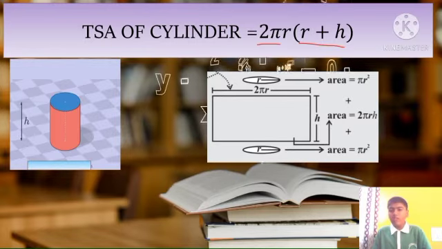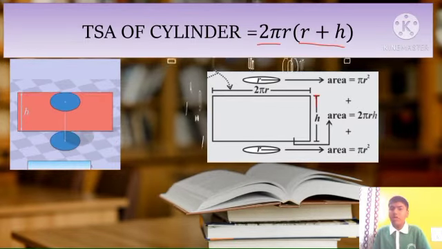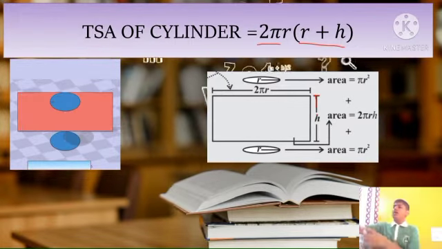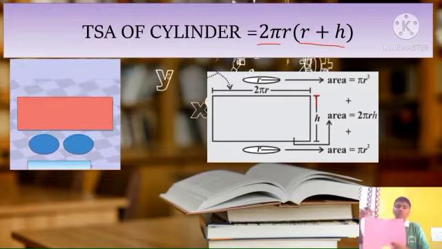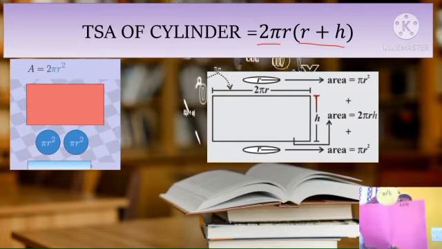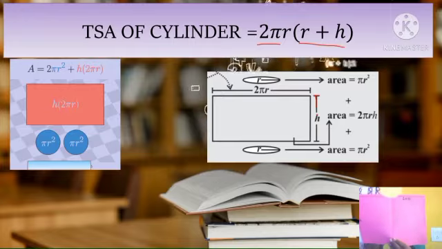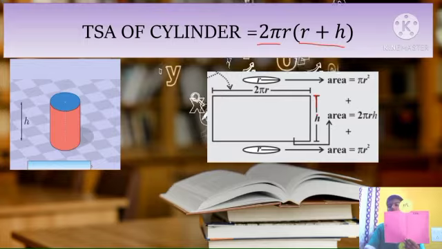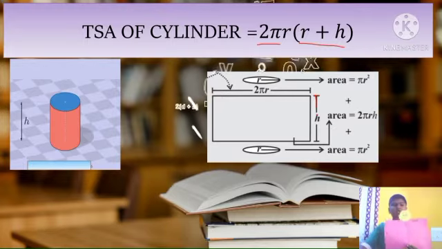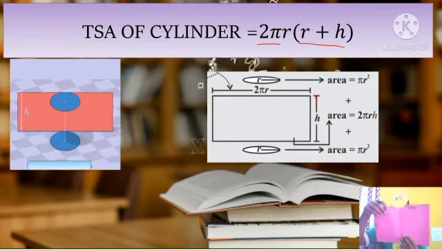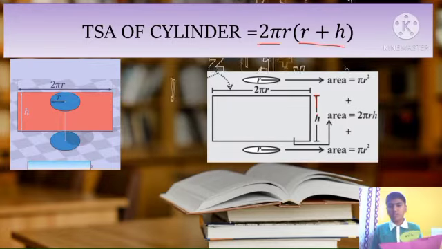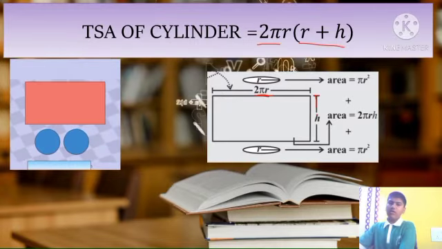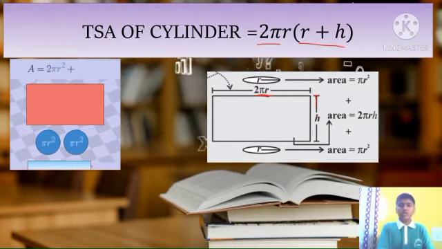Here this flat surface will become a rectangle whose breadth will be the height, and whose length will be the circumference of the circle, because it is the opening of this cylinder that we see. The circumference will be 2 pi r, and the breadth will be h.